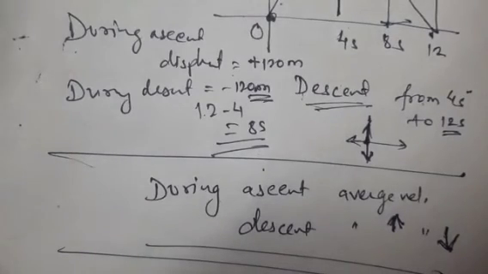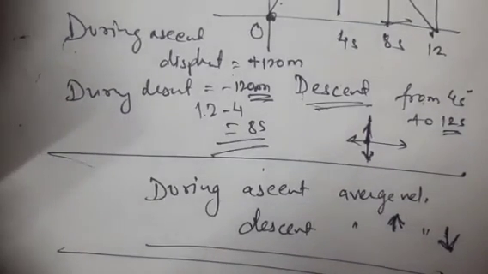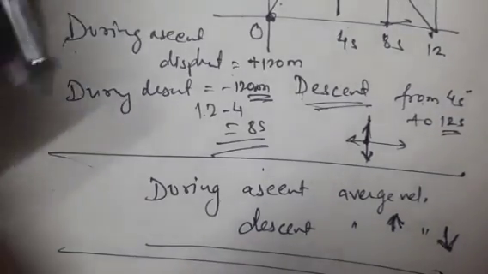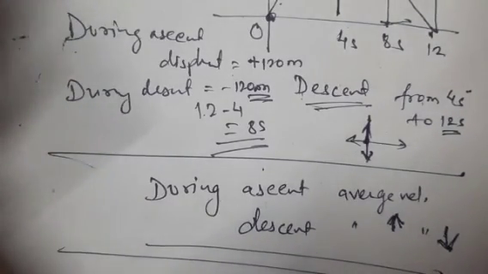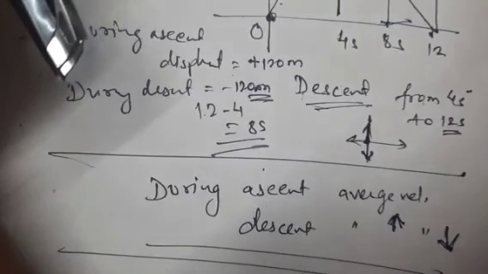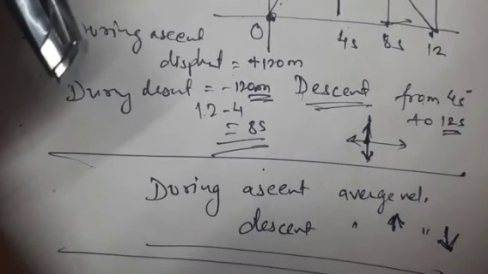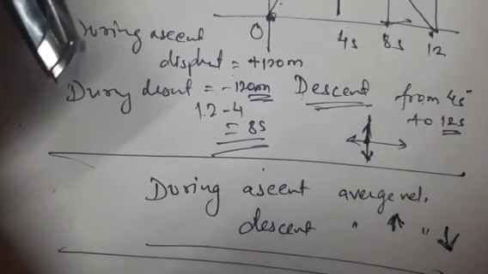In some cases, when displacement is given we have to find out time, and where time is given, we have to find out displacement. Then we have to find out the average velocity and the average speed. So this whole exercise is based on it.